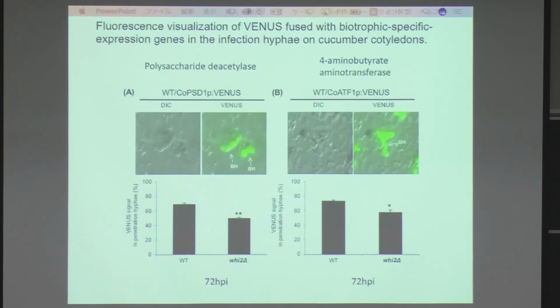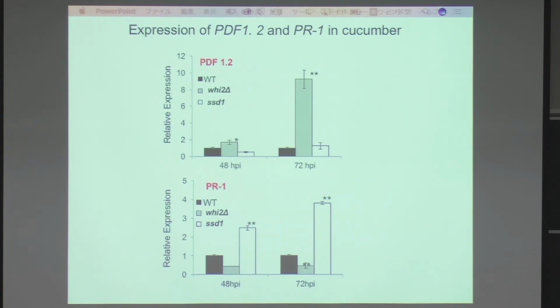And furthermore, the necrotrophy-specific defense marker PDF1.2 was much increased in the V2 inoculation. However, the biotrophic stage marker PR1 is rather downregulated. The white box is a PAMPs mutant, SSD1, the PAMPs mutant that induces PTI, used as a control.